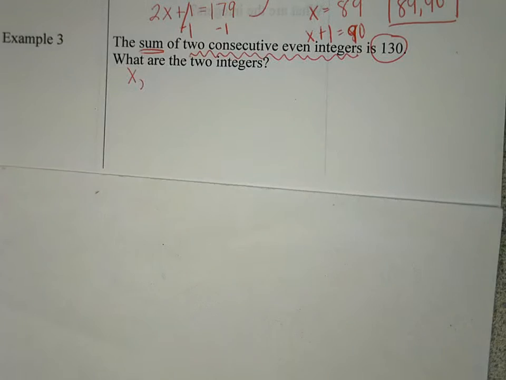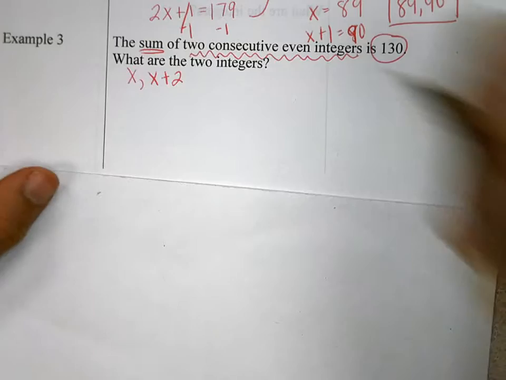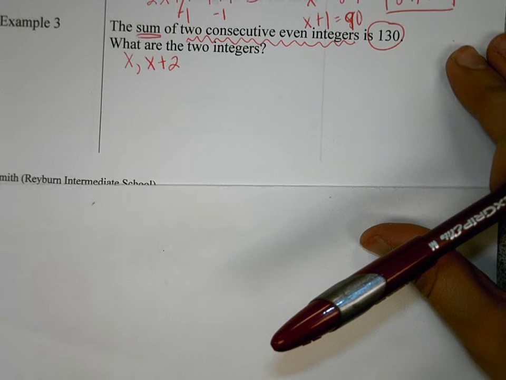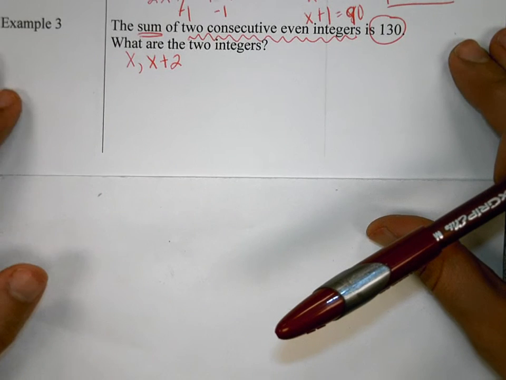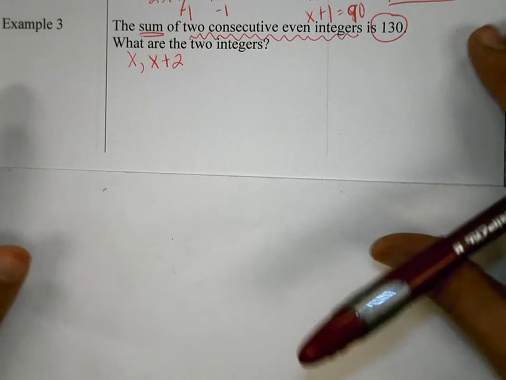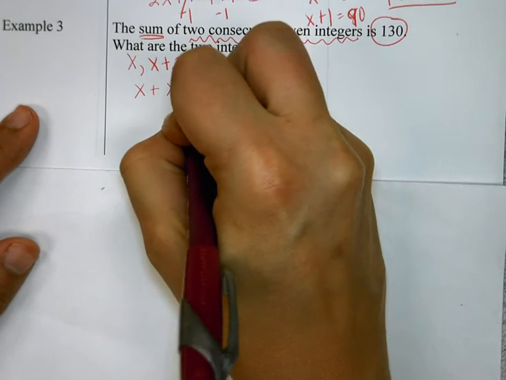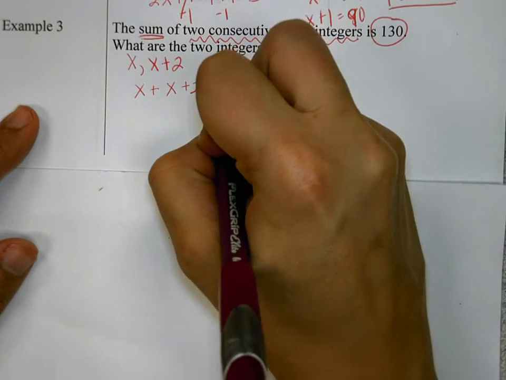But to get to the next even integer, I have to add 2 to x. So instead of the previous example, where I had x and x plus 1, I actually have x and x plus 2. So I'm going to add both of those together, x plus x plus 2, and it's supposed to come out to 130.